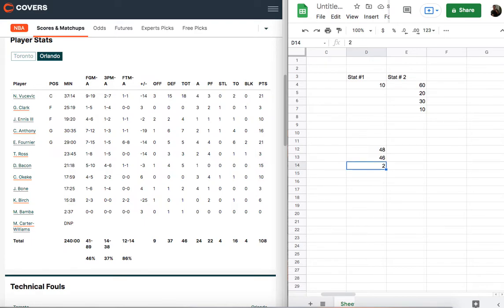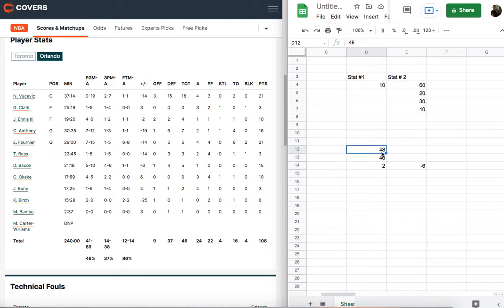The average margin of victory in the NBA is 9, so to make this a more realistic number, and again you can experiment with this, let's say for the sake of this video we take that 2 and multiply it times 3. So the line would be Toronto minus 6.